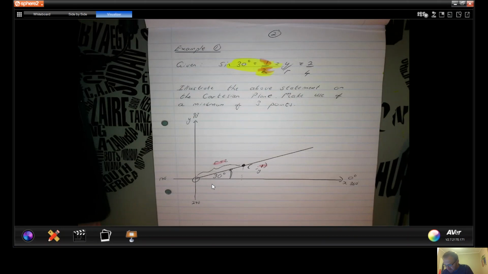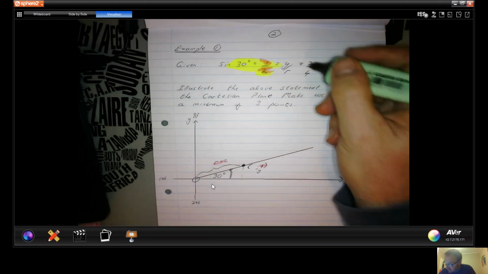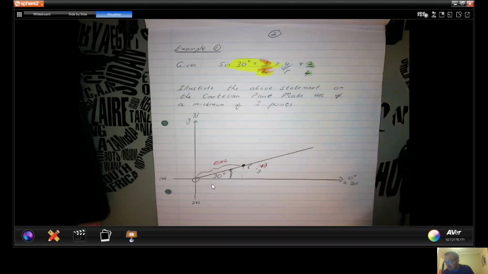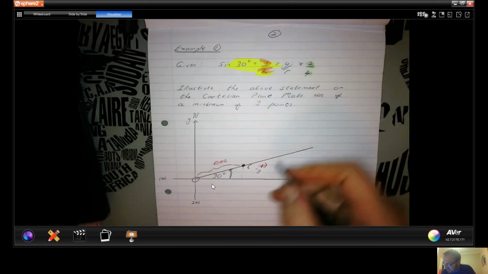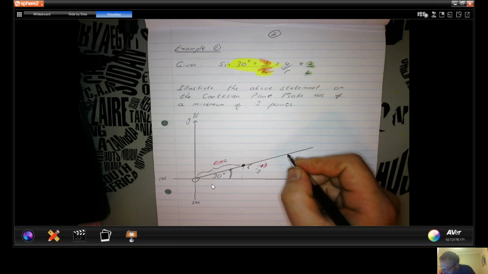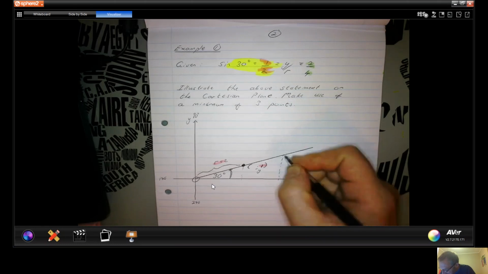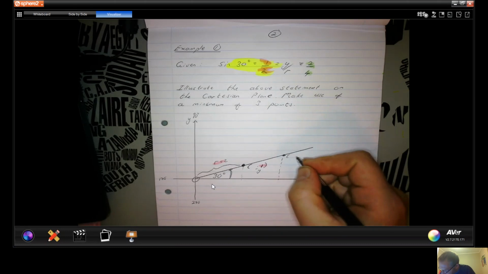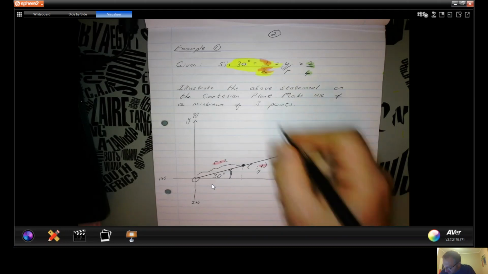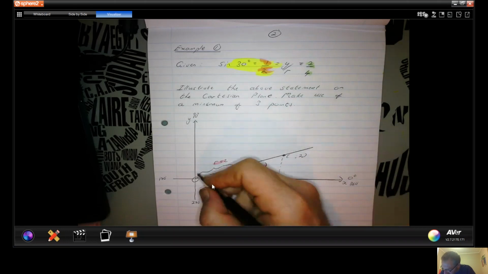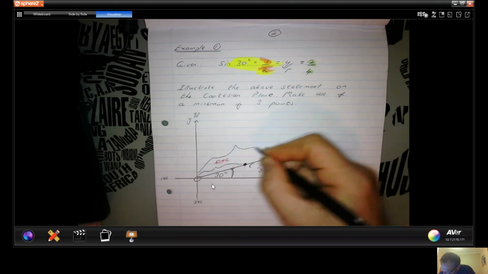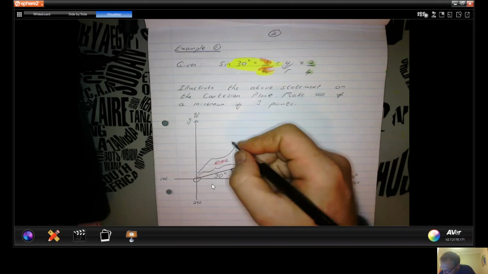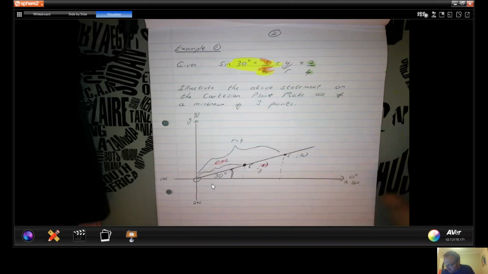If sine of 30 is equal to a half, sine of 30 could also be 2 over 4. It's the same thing. So what's that saying to you? If you went 2 up, instead of 1 up, then for 30 degrees, if the y-coordinate was 2, because the ratio is a half, then the radius there would be equal to 4.